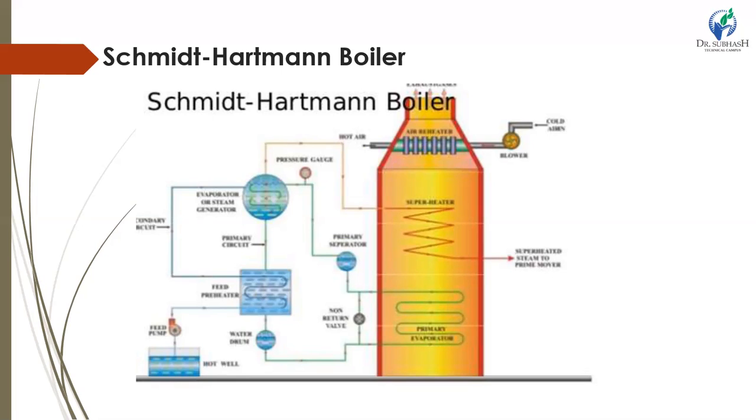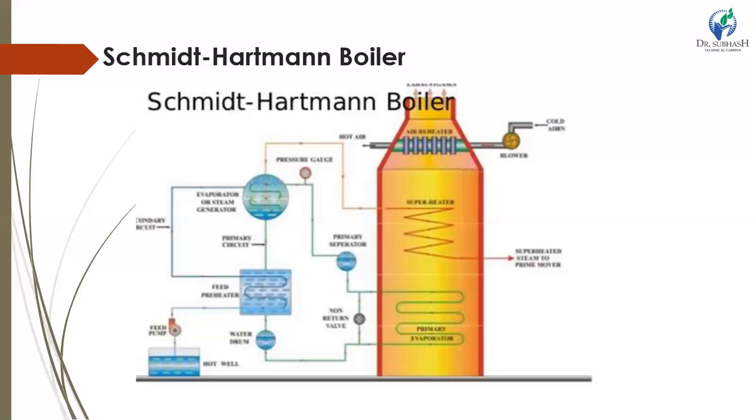The steam is passed through a submerged heating coil located in the evaporator drum. Due to heat transfer from the steam of the primary circuit to the water in the evaporator drum, the steam in the primary circuit gets condensed.